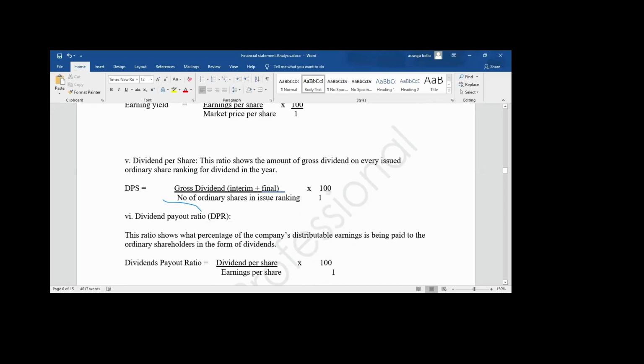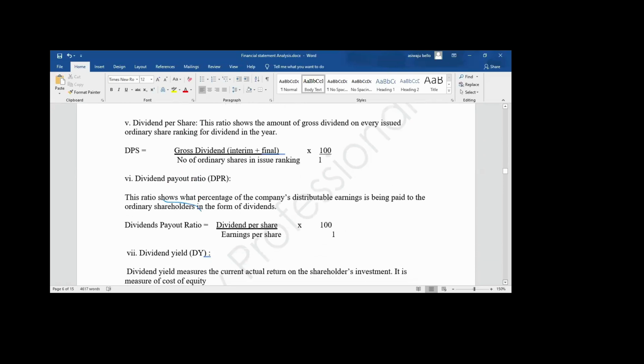Our dividend payout ratio is the percentage of the company's profit that is paid as dividend to shareholders.